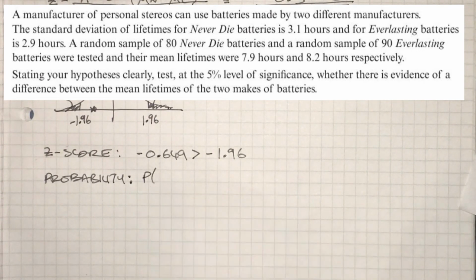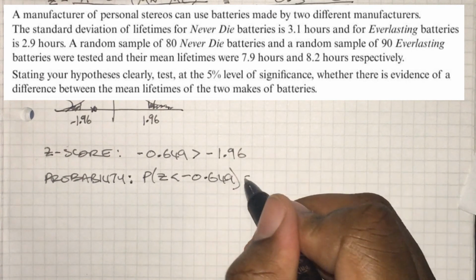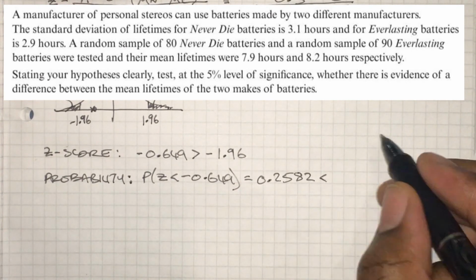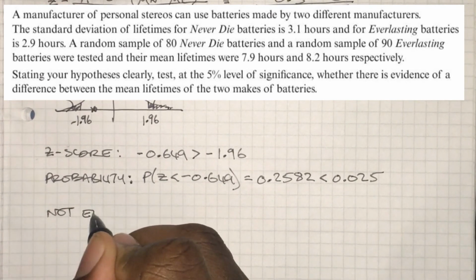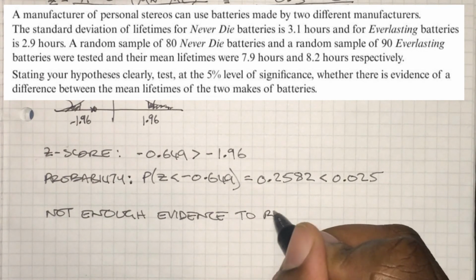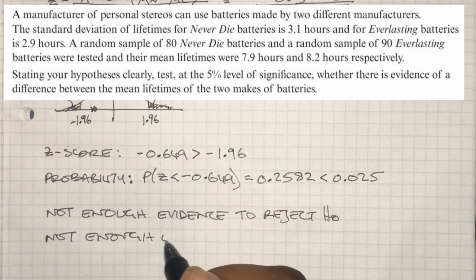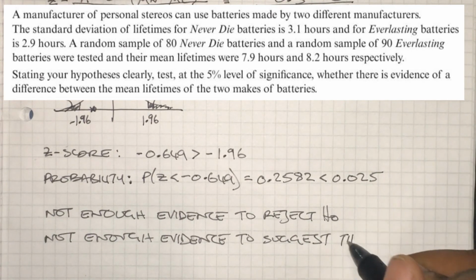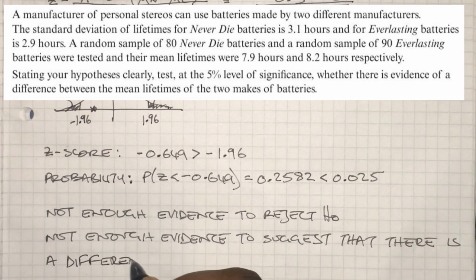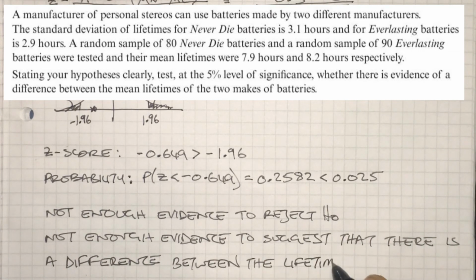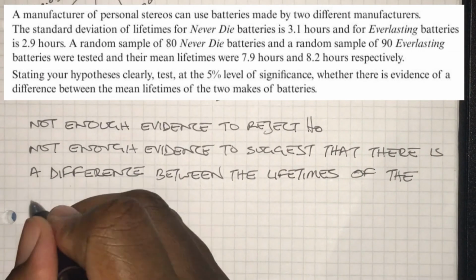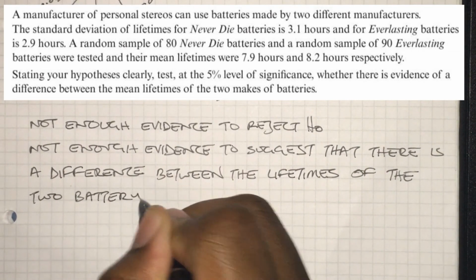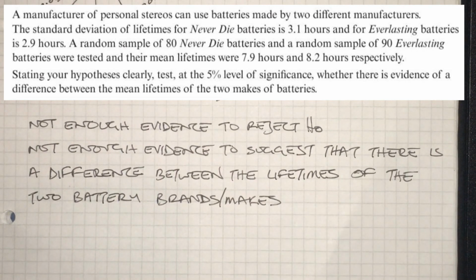We do not have a significant result, but obviously we need to document this, either compare these z-scores or work out your probabilities. From there, as usual, as expected, we'll make our conclusions. And in this case, we do not have enough evidence to reject H0. There is not enough evidence to suggest that there's a difference between the lifetimes of the two battery brands.